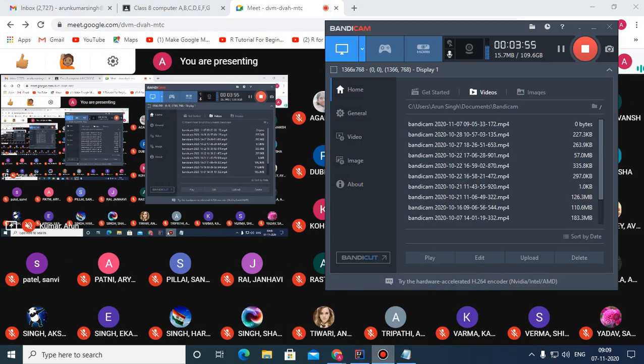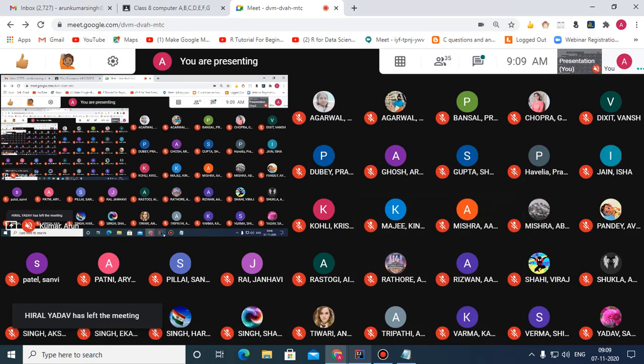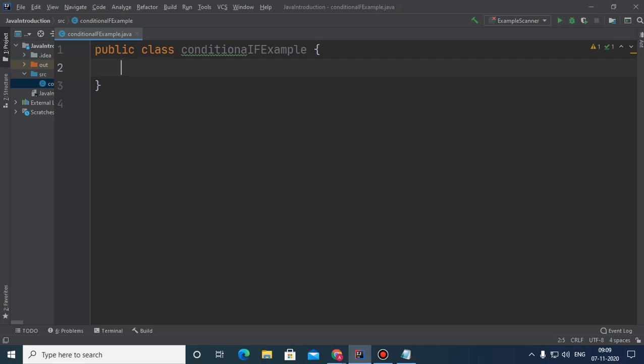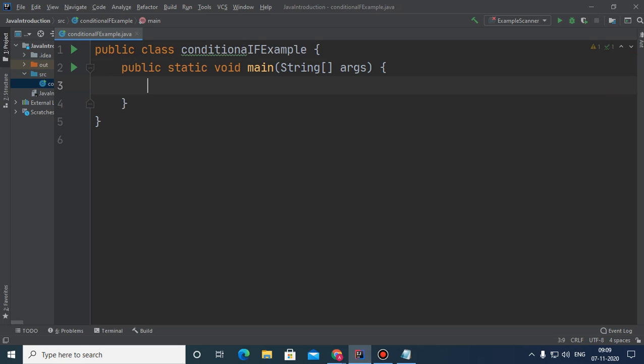So now what to do is, here this is the class. Now here I am just going to take double type variables, double data type. In double data type we can use floating values.